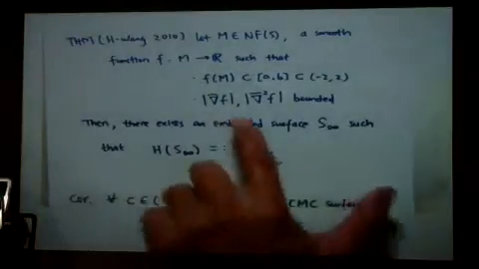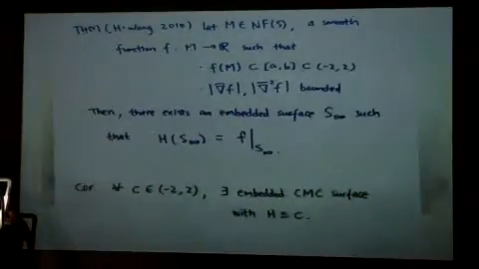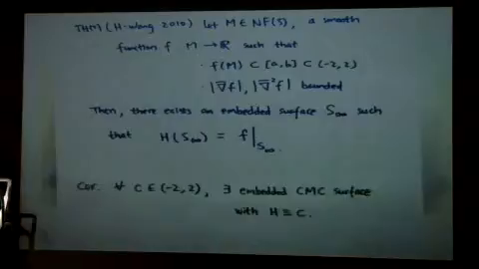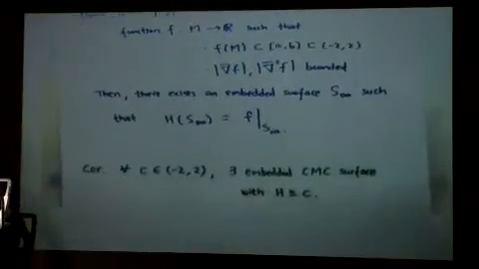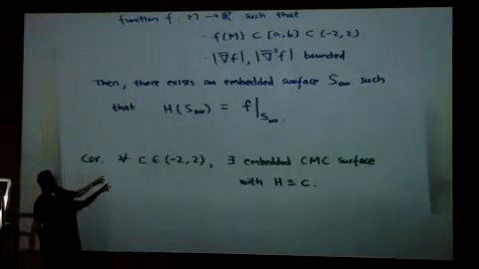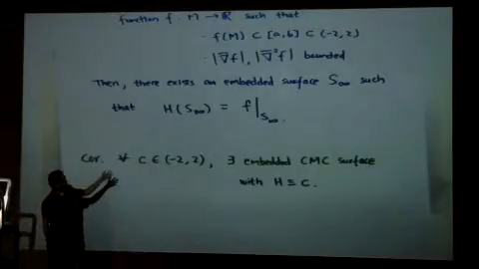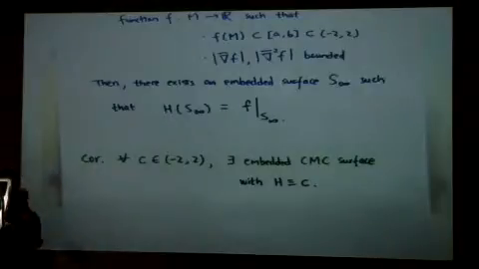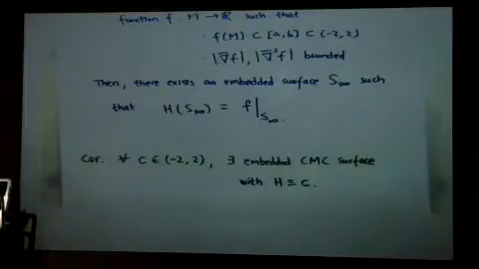And we need some gradient bounds, but they are really mild conditions. Then we can construct an embedded surface with that prescribed mean curvature function. The obvious corollary is I can just pick a constant function, any number between -2 and 2, and construct a CMC surface which is embedded in my hyperbolic 3-manifold with that particular number.